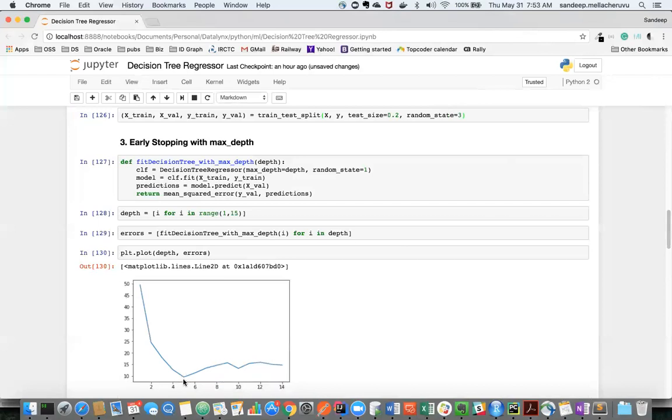Now depth equal to 4 is not the minimum point. Depth equal to 5 is the minimum point. Now let me change the random state to 200. It is changing. The curve is changing. The errors are changing. Let me change it to 2000.